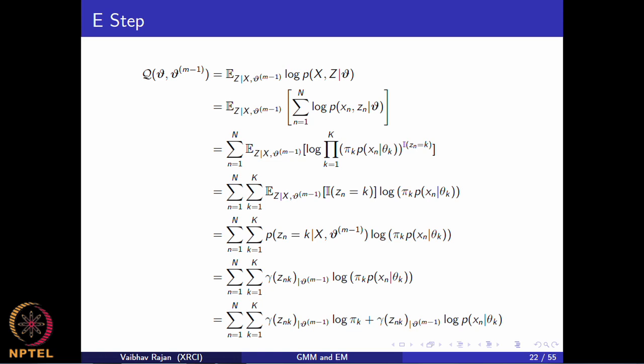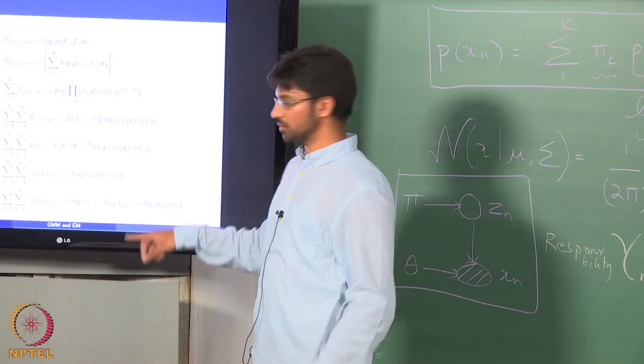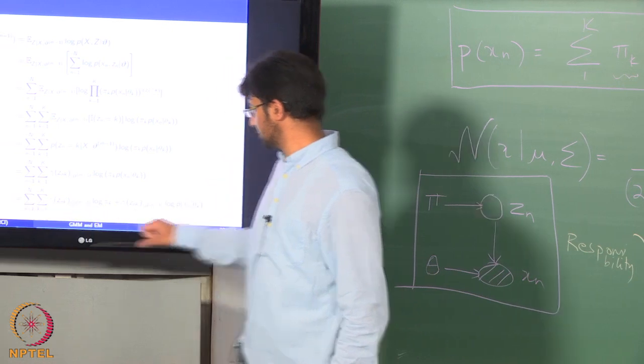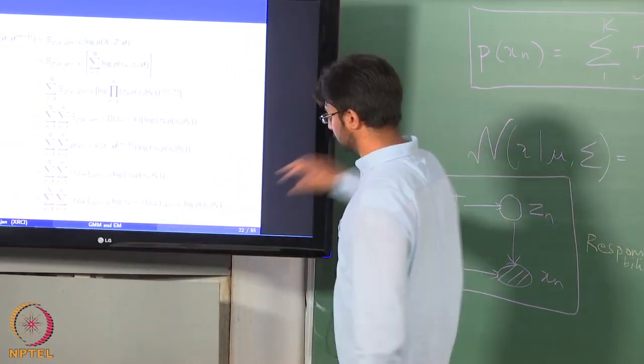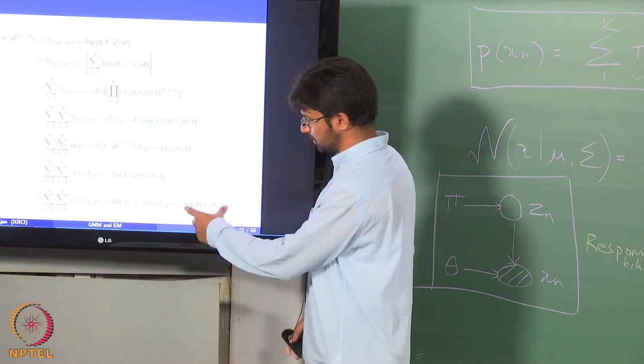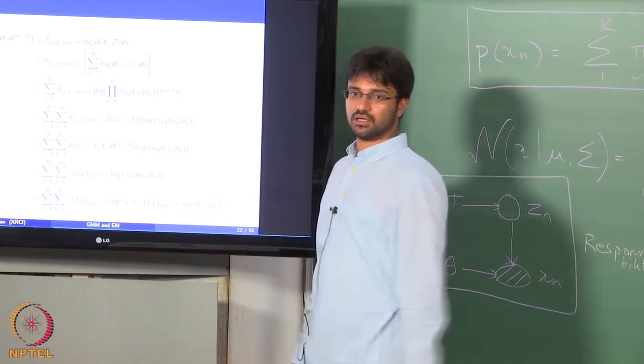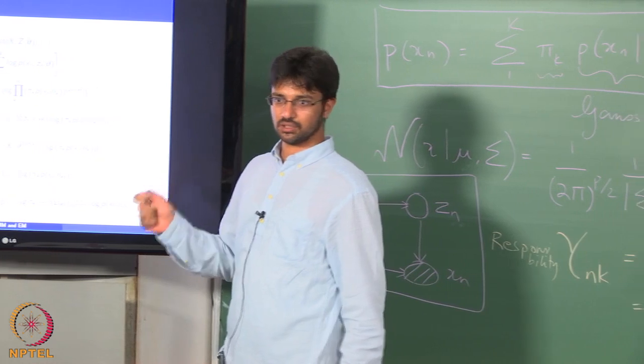So, what have we achieved? We have got an expression for Q in terms of again the responsibility, but this time the responsibility is with respect to the guessed parameter, and if you just look at this function, you can see that this is easier to differentiate because the summations are all outside and the normal distribution will come here, and the differentiation will be just like what you do in the case of fitting a single Gaussian.